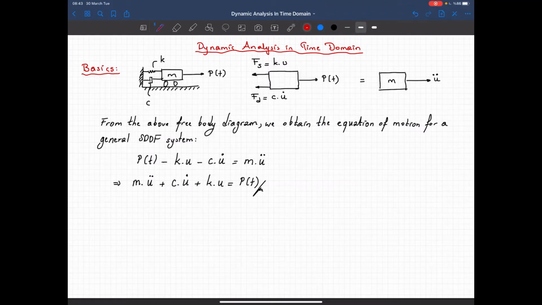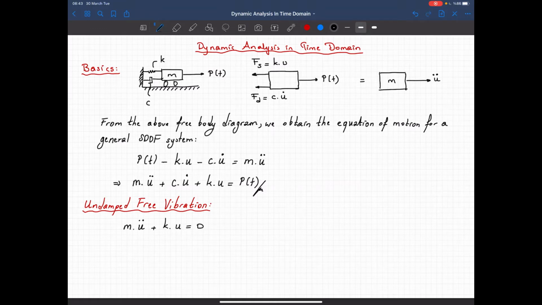Now let's start. So the first case will be undamped free vibration, no damping, no dynamic force, just the initial conditions. So in that case, my equation of motion will have the following form: m times u double dot plus k times u equal to 0.